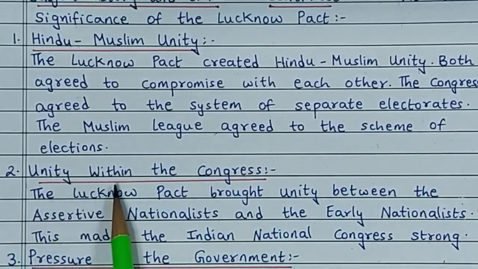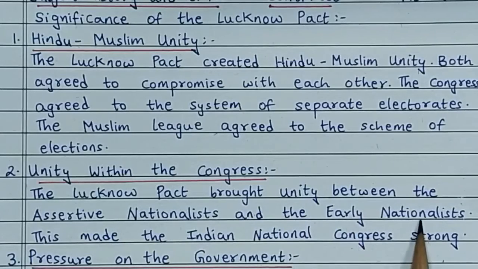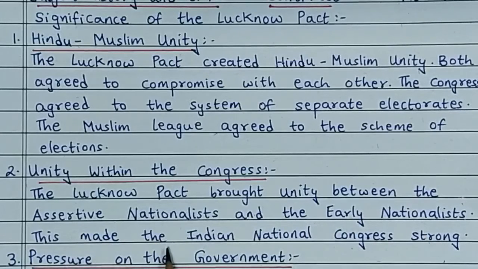Second, unity within the Congress. The Lucknow Pact brought unity between the assertive nationalists and the early nationalists. This made the Indian National Congress strong. Third, pressure on the government.